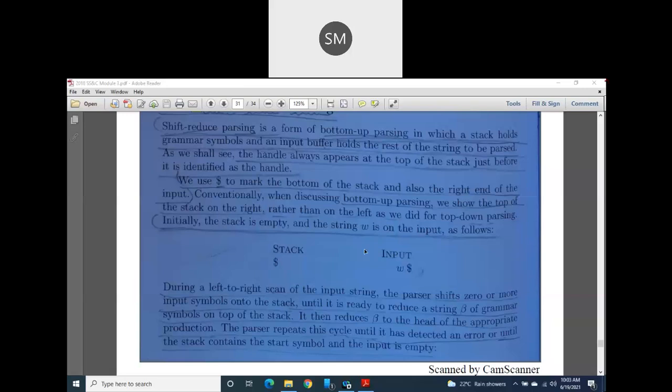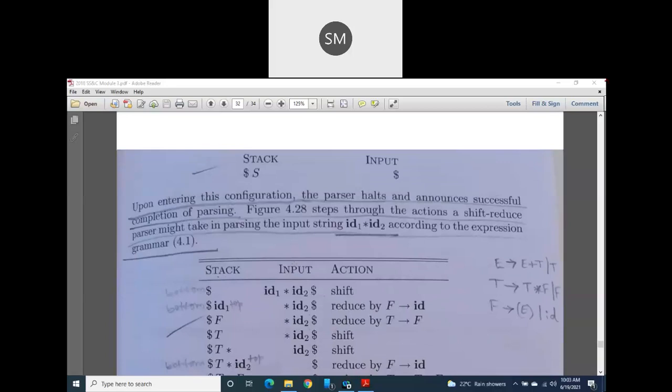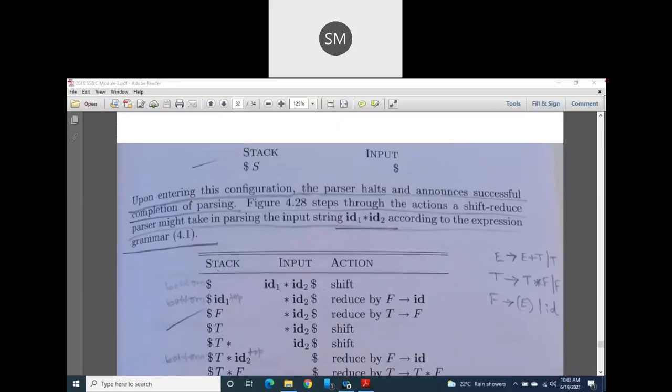The characters you keep pushing or shifting onto the stack, the rightmost character indicates the top of your stack. The right side will be the top of your stack. Just wait, I will show you how shift reduce works.